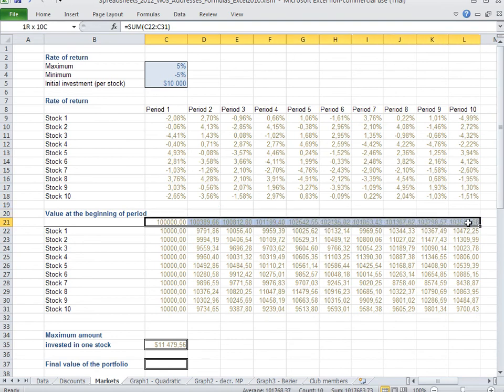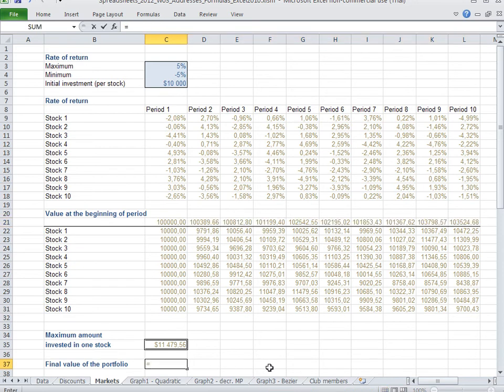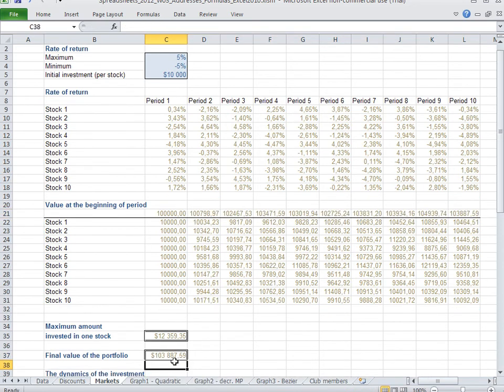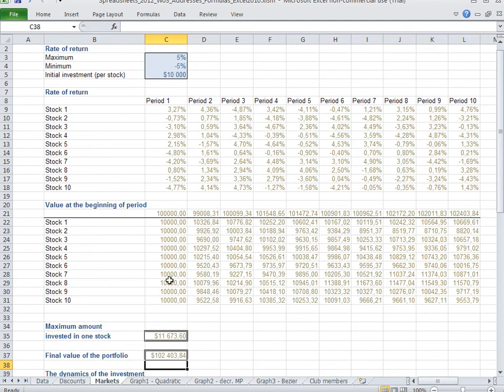And now when we want to see what the final result is, we just write something like equals L21, which basically takes the final result and brings it nicely out at the end of the worksheet. And also, for instance, this 5% here controls the entire stock market. We're going to see that in just a second.